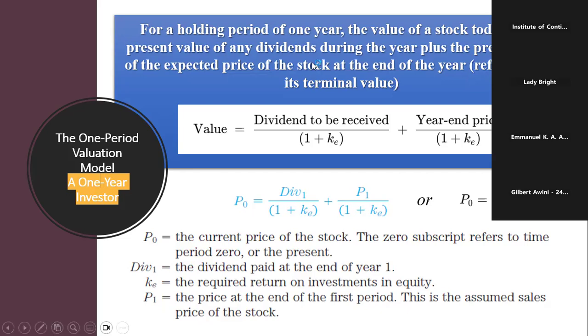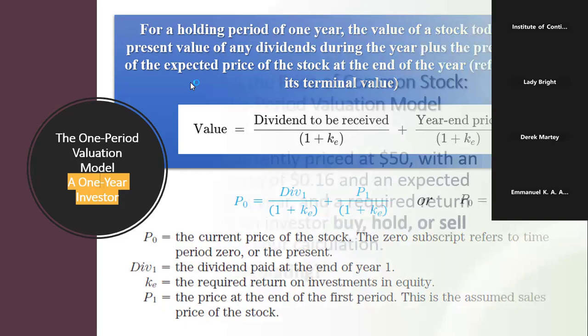Just the formula. The P0 is equal to blah, blah, blah. That's the one we are copying. Are we done? Anybody still copying? No. Okay. All right. So let's move to a sample question.